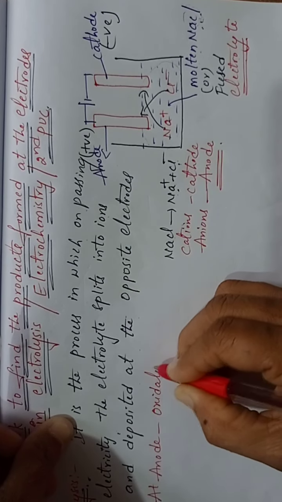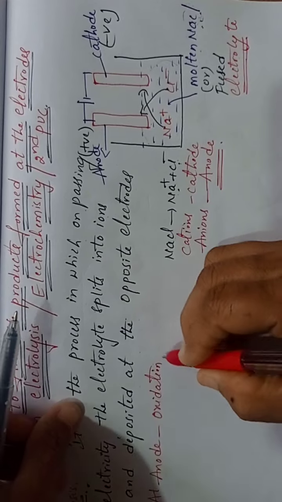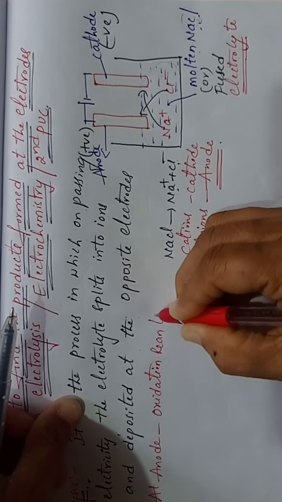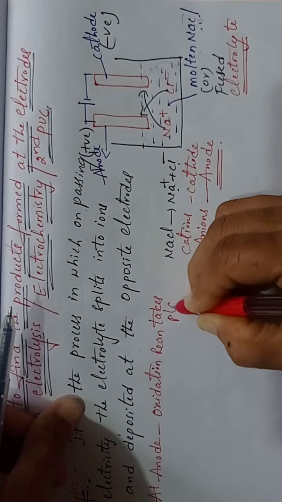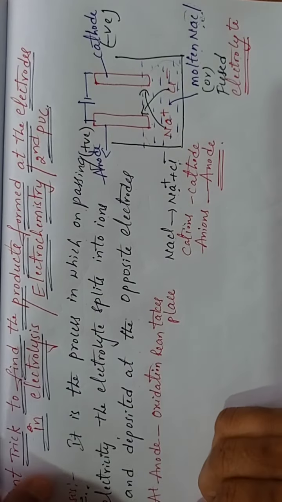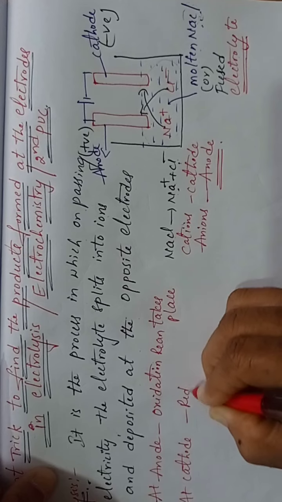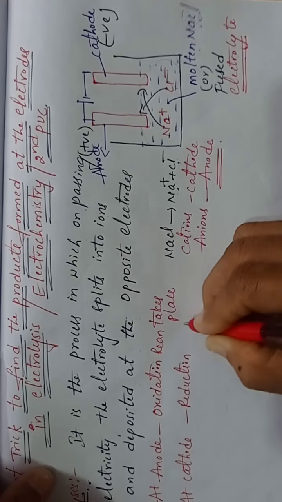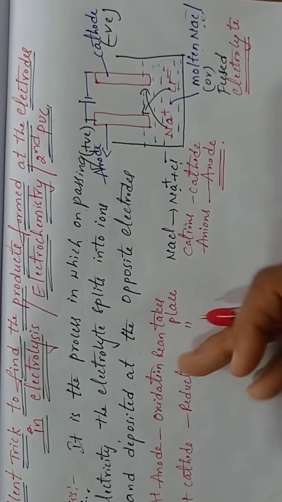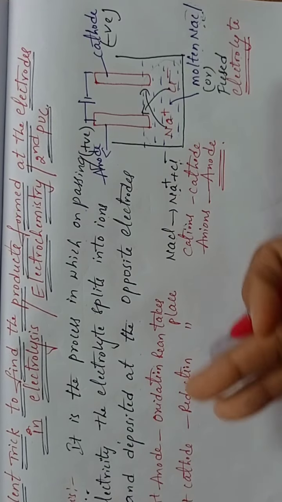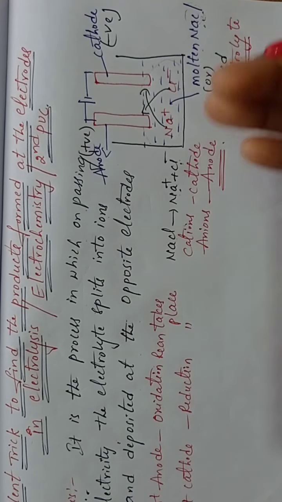Oxidation reaction takes place, correct? At the cathode, reduction reaction takes place. Oxidation is nothing but loss of electrons. Reduction is nothing but gain of electrons.